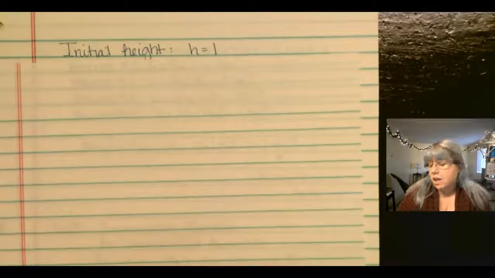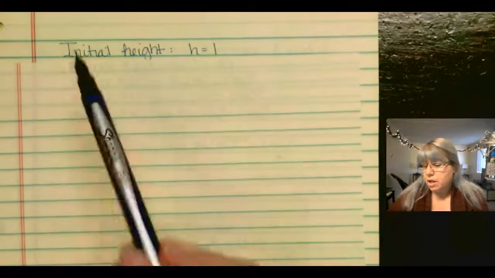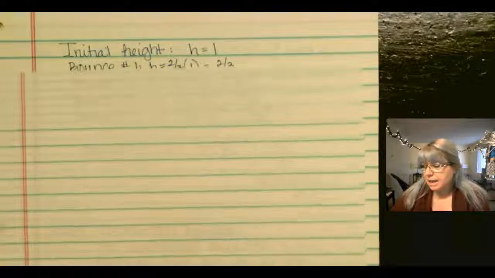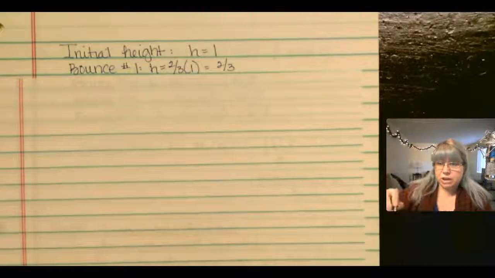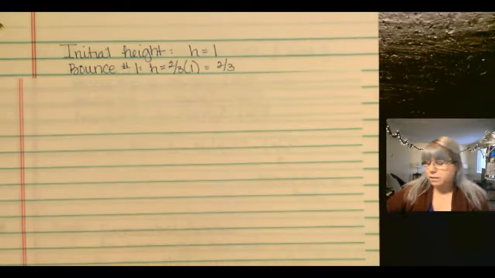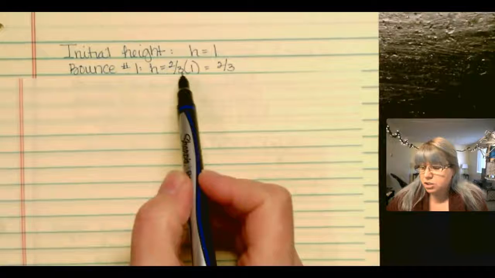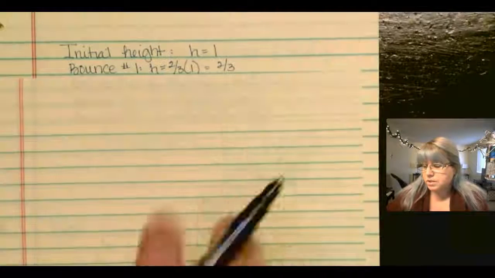So let's figure out how we can work this out for any of the bounces that we want to know. The initial height, let's just say, is 1 meter. For the first bounce, we hit the ground and pop back up in the air. It's going to be height times the 2/3, which is 2/3. So it's 2/3 of a meter.